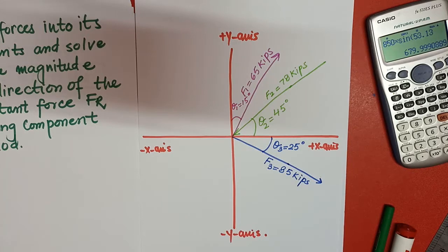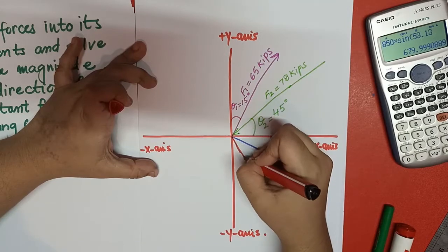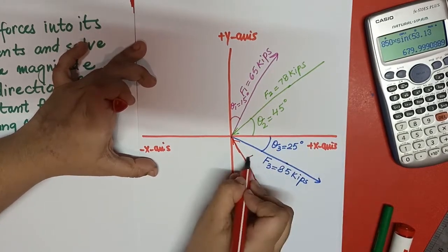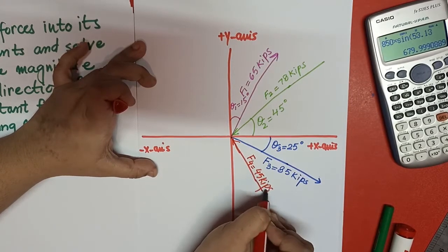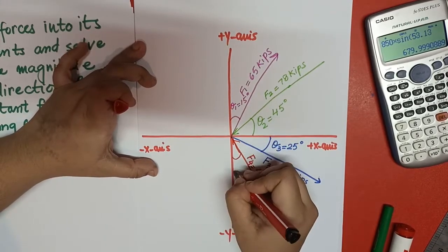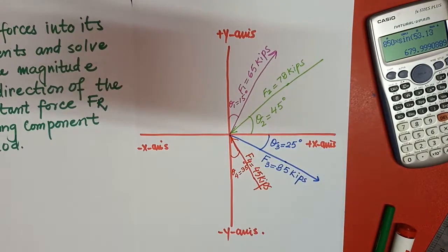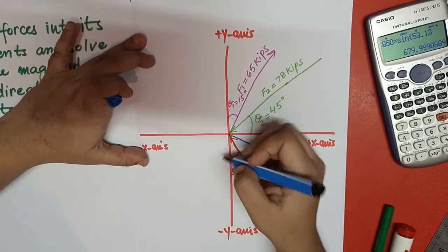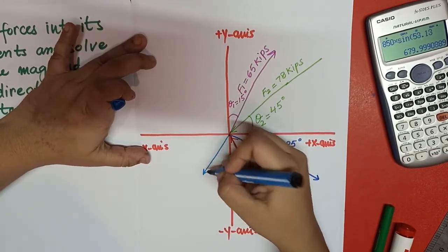I am using another marker, and this force is inward, and the size of this force is smaller than the other forces. It is 45, so F4 is 45 kips, and the angle theta 4 equals 35 degrees. Another force is in the third quadrant, and its magnitude is 30 kips, smaller than F4.